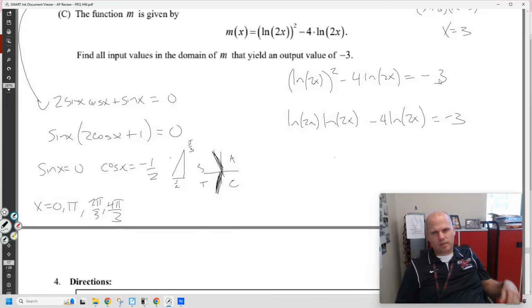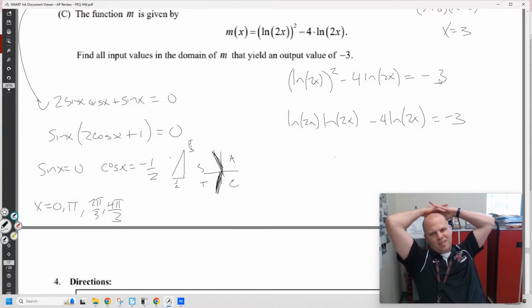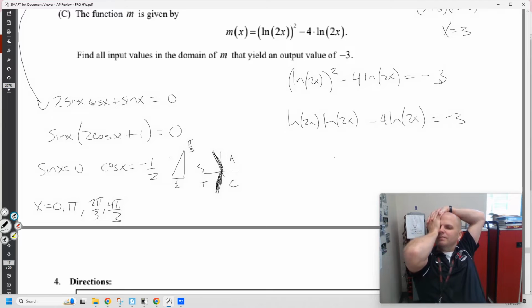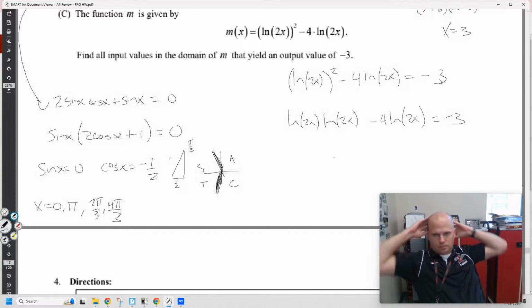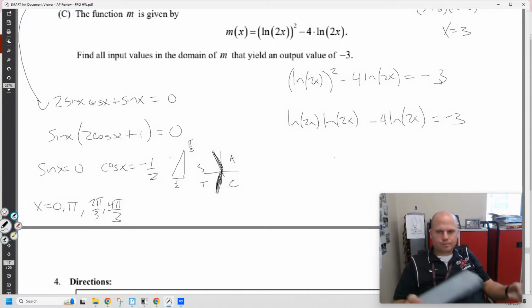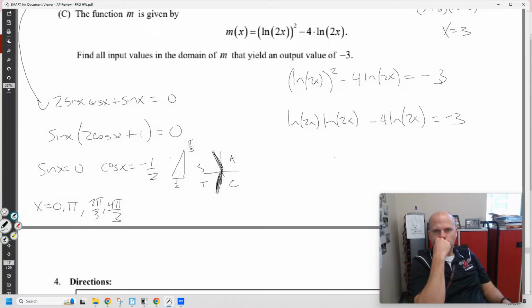And I know we want to divide by the log of 2x, but that doesn't really help me. I'm a little bit at a loss here.